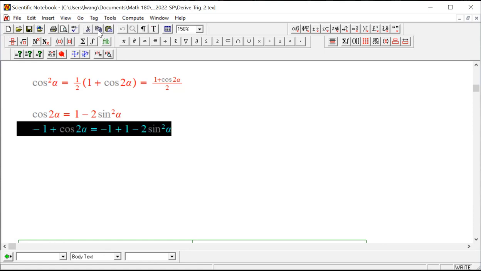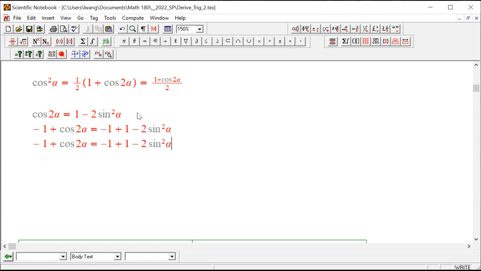As a result, negative 1 and positive 1 make 0, right? And then we're going to divide both sides by negative 2, or multiply by negative half.